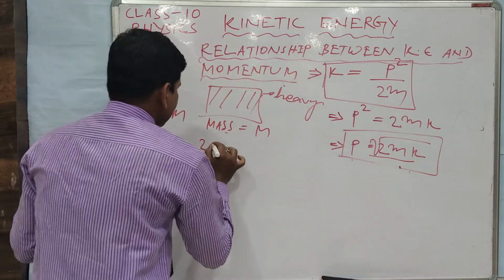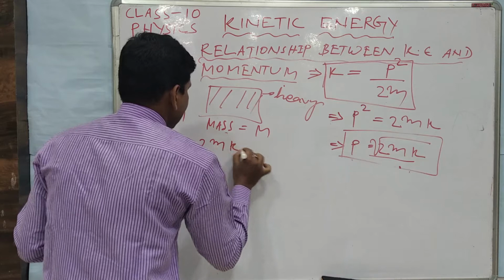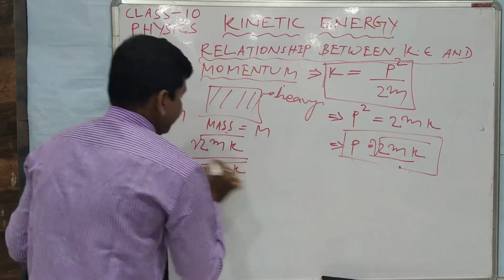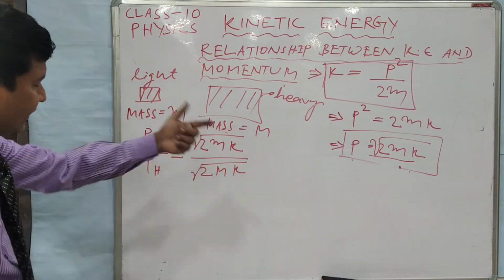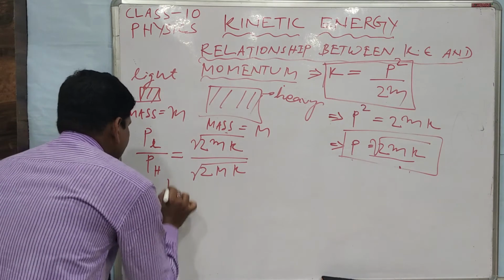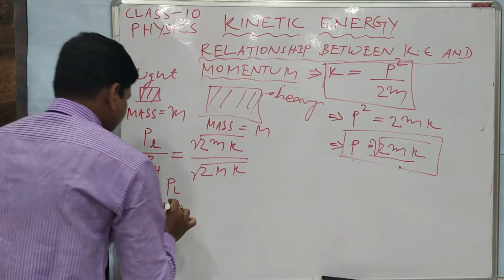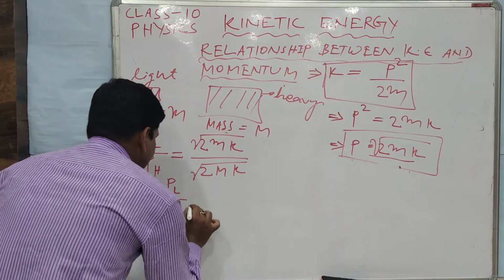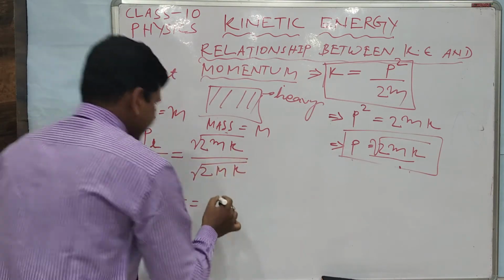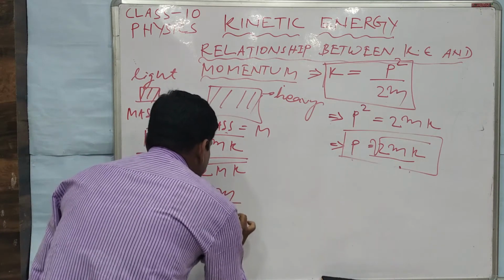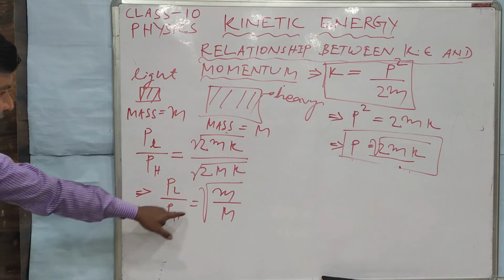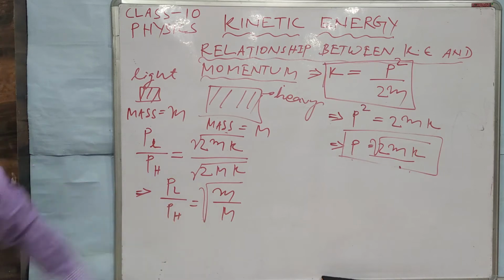So that is root of 2 small m K divided by root of 2 capital M K, because there is no change in the kinetic energy K. Kinetic energy is the same, and 2 is the numerical value, so we keep it the same. Now the 2 will cancel, K will cancel, so we get root of small m divided by capital M. So P_L by P_H equals root of small m by capital M.